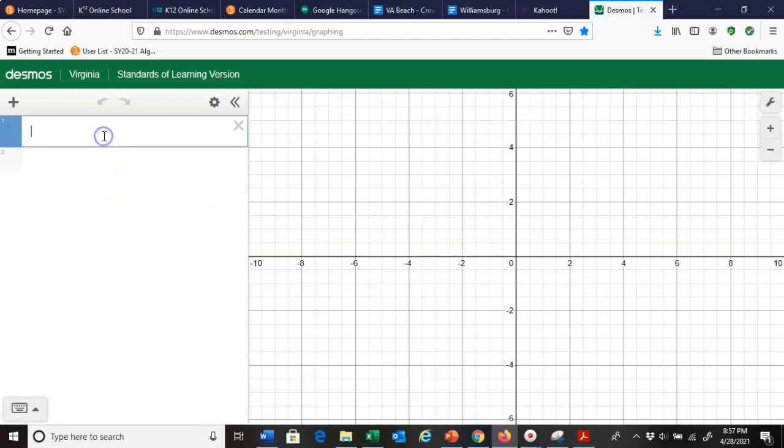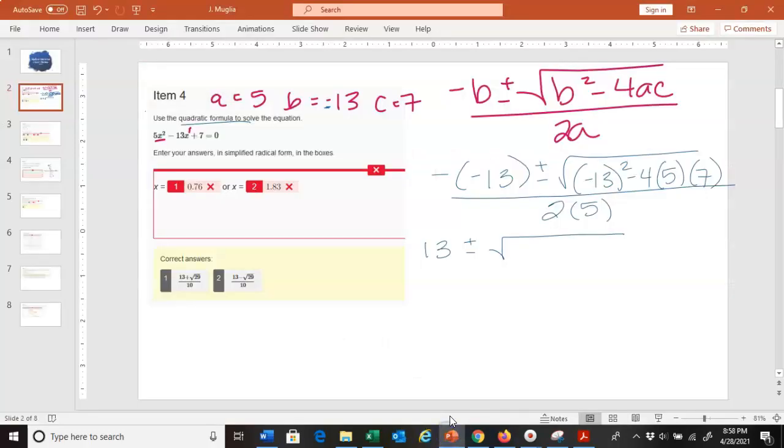There we go. And we'll just type negative 13 squared. It's positive 169. Put that here. And then we can do 4 times 5 times 7.